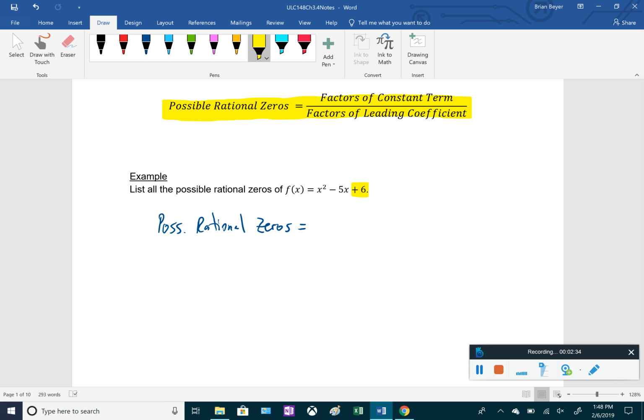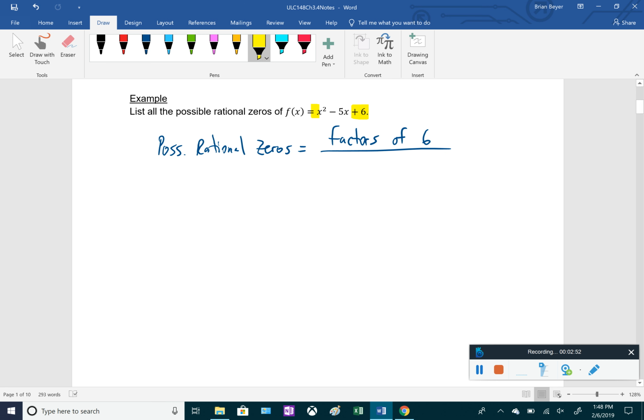So factors of 6, I'll just write that out for this one, divided by the factors of the leading coefficient. The leading coefficient is on the x squared, which is just going to be a 1. So it's going to be all of the factors of 6 divided by all of the possibilities for the factors of 1.